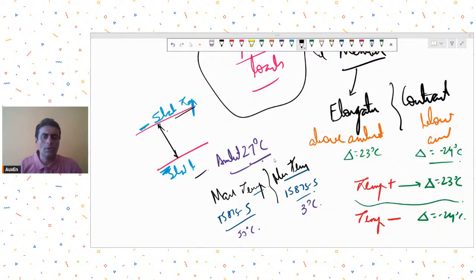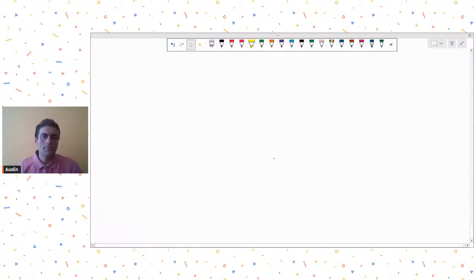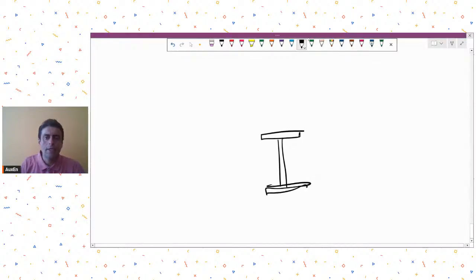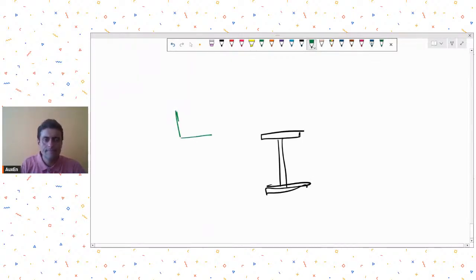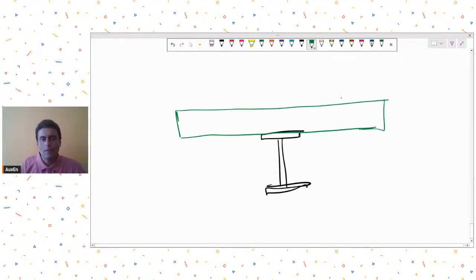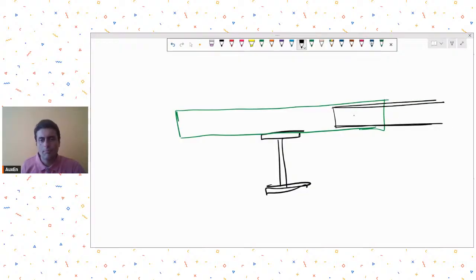So usually those slots, what I have seen is, let's say this is your rafter and there is a purlin over here. So this is one purlin.